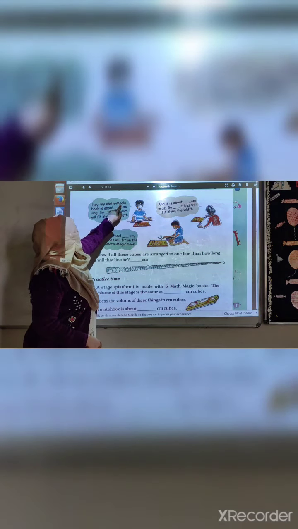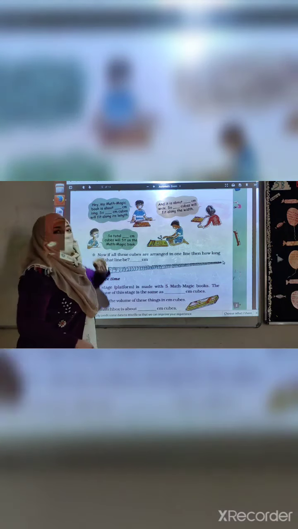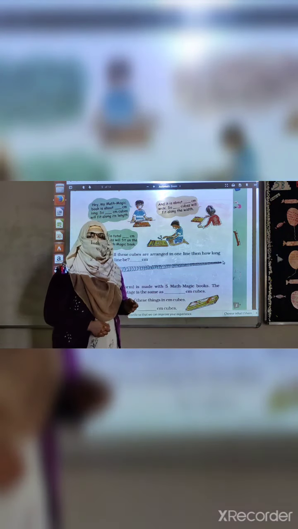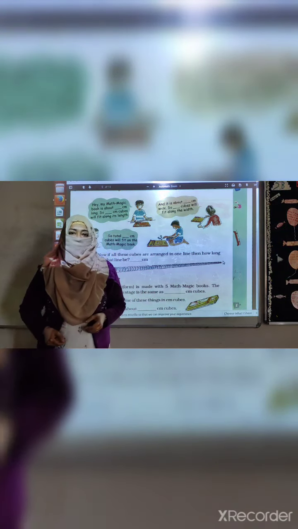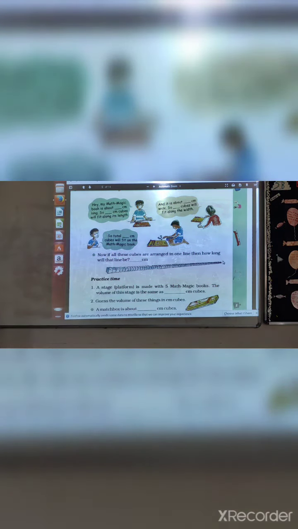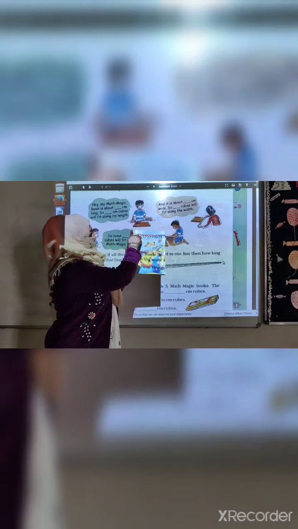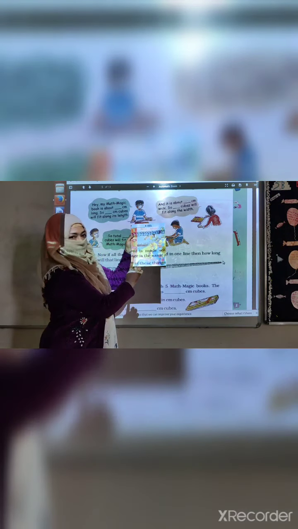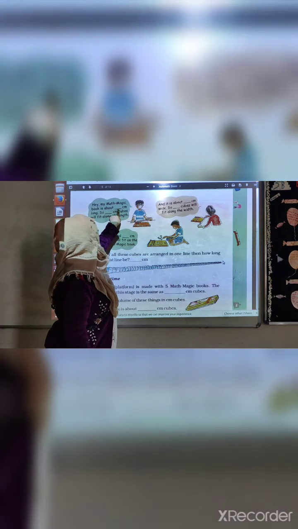My Maths Magic book is about dash centimeter long. Long means the book's length, right? That we had measured. So as I showed you the Maths Magic books, this is the length that we had measured, and you will write it here.